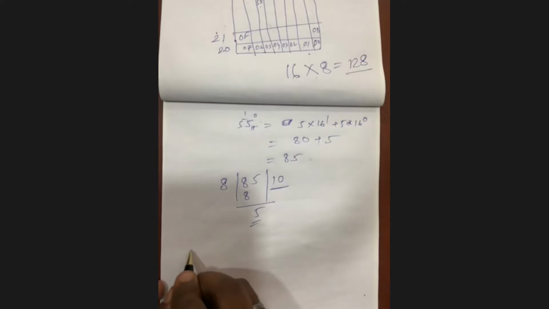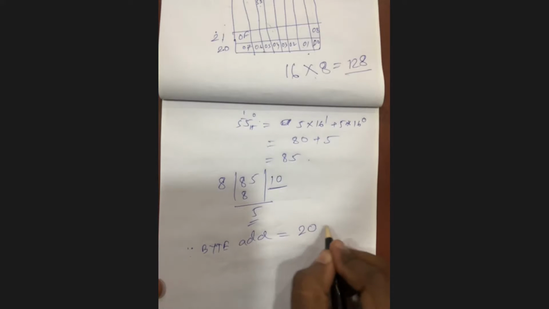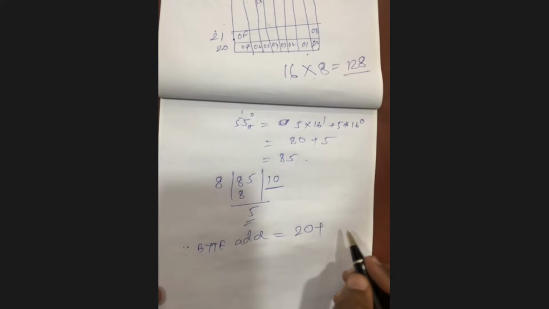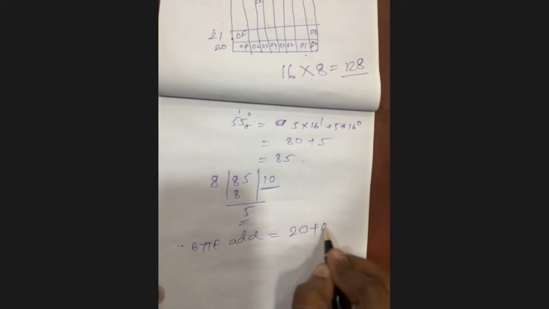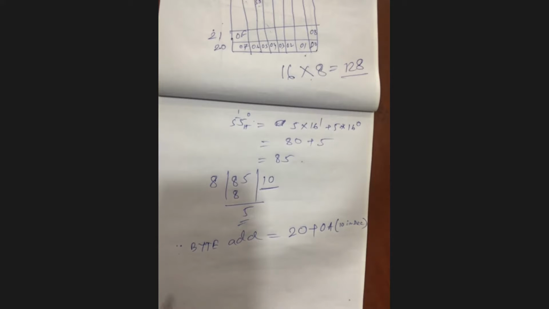Therefore, byte address is equal to 20 plus 0A, which is 10 in decimal, so it is equal to 2A.